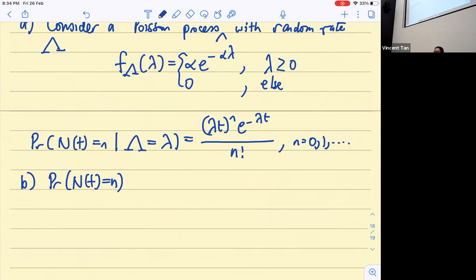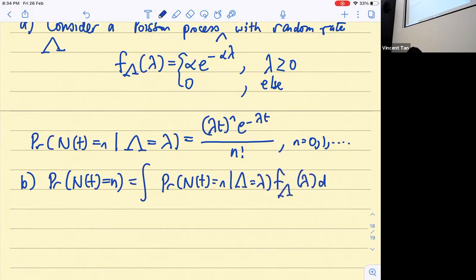Zoom people, what do we do? Yes, law of total probability. So we will integrate the probability of N(t) equals n conditioned on Lambda equals lambda, times f of Lambda at lambda, d lambda. And then we integrate this from 0 to infinity.